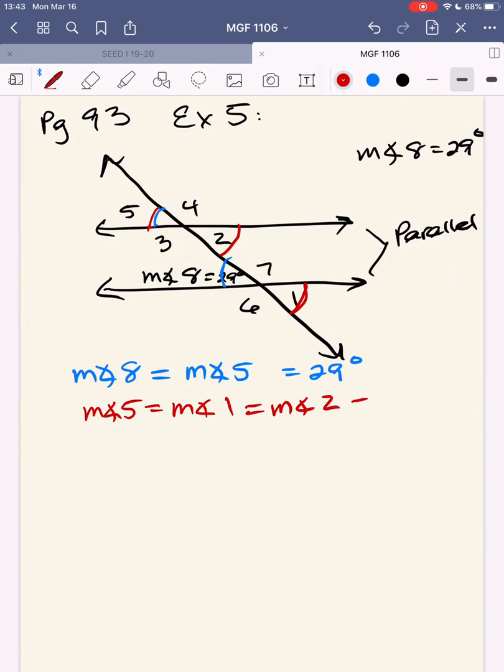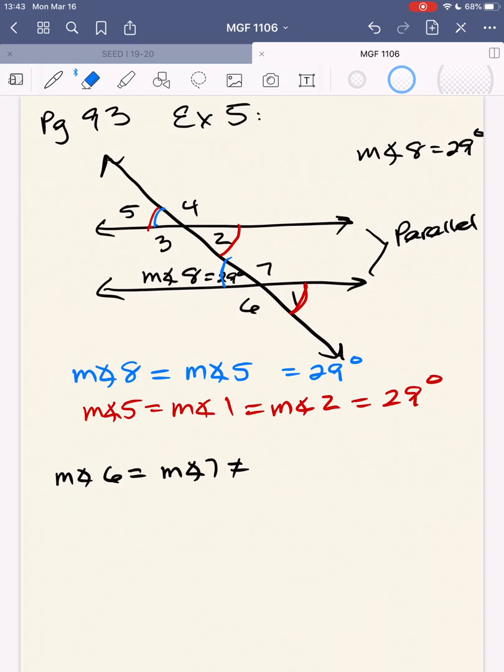So these are all 29 degrees. That means by all the rules, the measure of angle 6 is equal to the measure of angle 7, which is equal to the measure of angle 3, which is also equal to the measure of angle 4. Okay, so all I have to do is find one of these angles and I'm good to go.